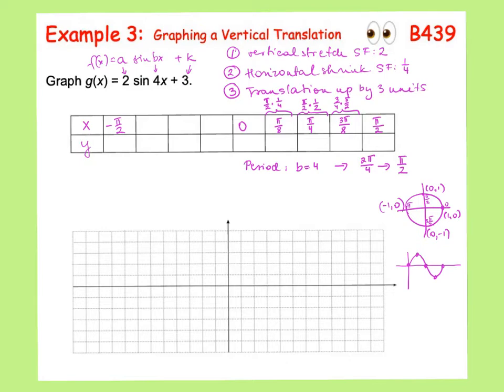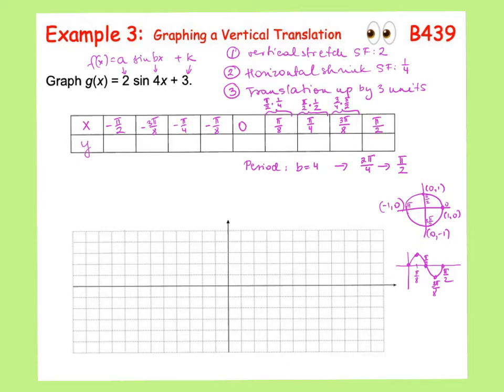So that means our maximum is going to occur at pi over 8. And our next 0 is going to occur at pi over 4. And then this is our 3 pi over 8. And this last value will be our pi over 2, right? So now let's write the negative ones. So it's negative pi over 8, negative pi over 4, and negative 3 pi over 8.